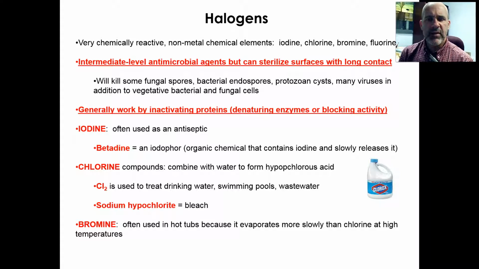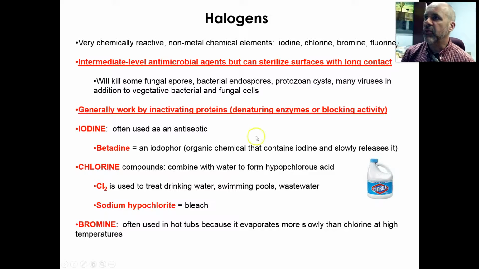And one thing I want you guys to do is take a look in your textbook, because your textbook has a very nice table that gives you an overview of different types of chemical control agents, and they have the table colorized to highlight things that are capable of sterilizing if you use them at appropriate concentrations and for proper exposure times, versus ones that you really can't use to achieve sterility. So take a look in your textbook. Take a good look at that table very thoroughly while you're doing your reading.